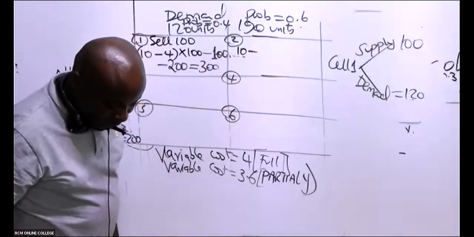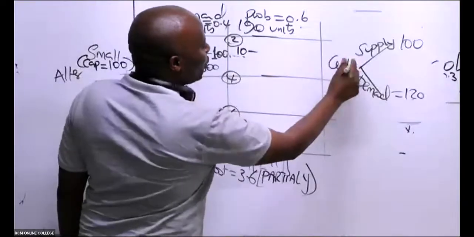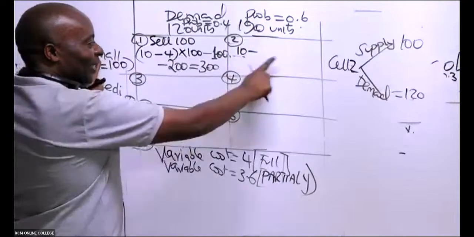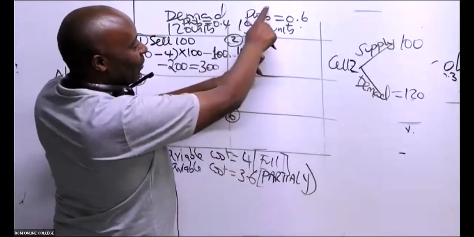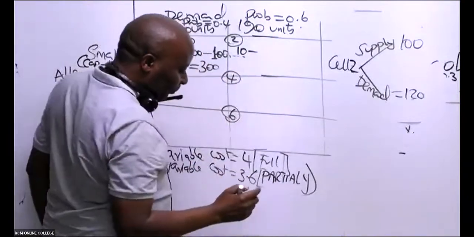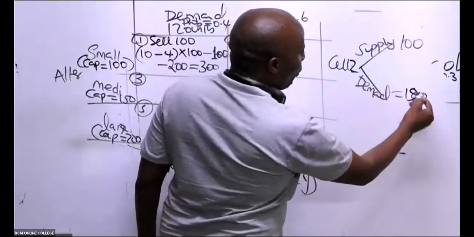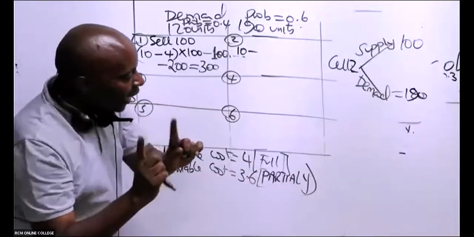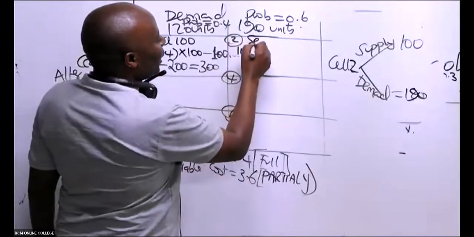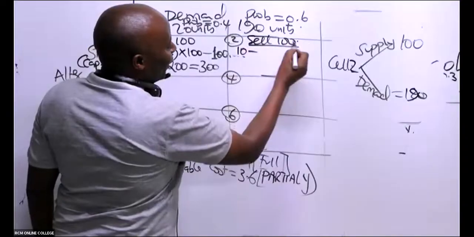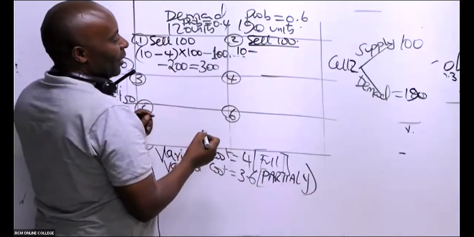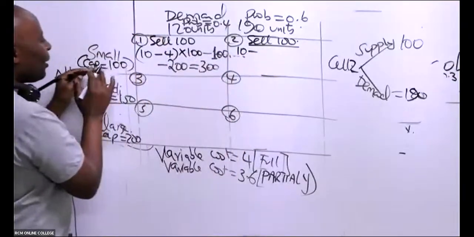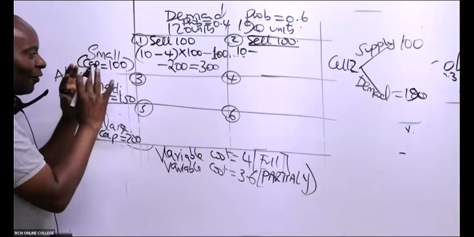Let us go to cell 2. Here in cell 2, the van is still small, and the number of units yet to be sold are how many? 190. So compare the two, and the effective sales will be the lower, 100. So we are recognizing that we shall sell 100. So I know the profit will be the same, because when I sell exactly my capacity, I'm going at full capacity.